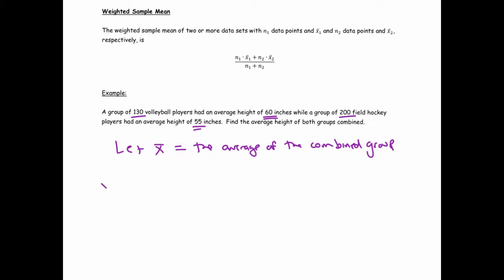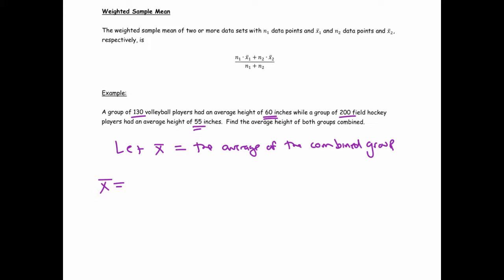Here's how you can think about it. Since there's 130 volleyball players, that group has an average height of 60 inches. What that basically means is when you add up all their heights and divide by 130, you get 60.